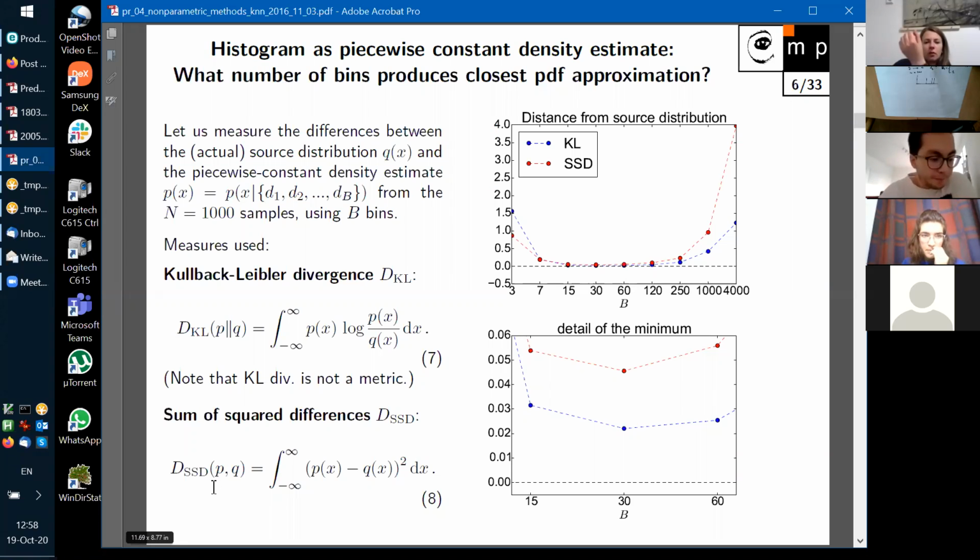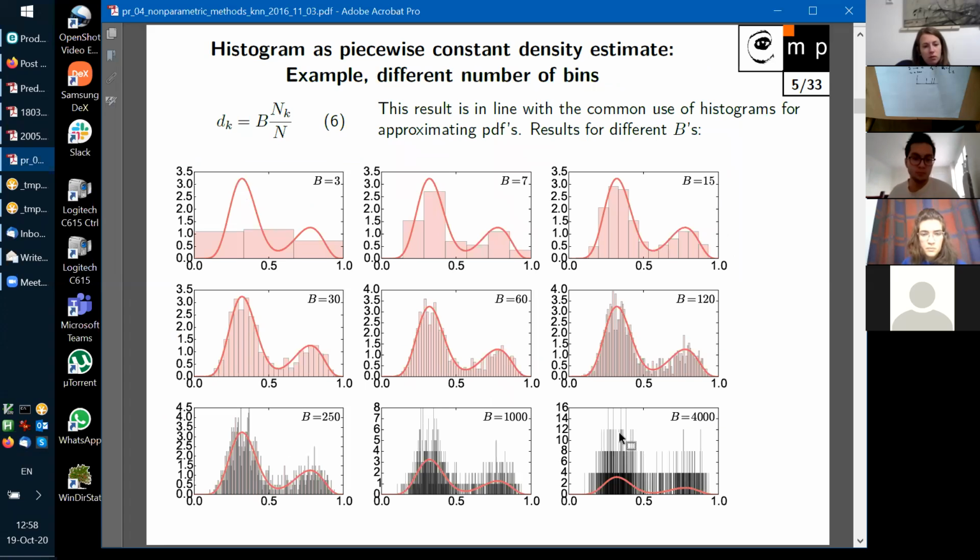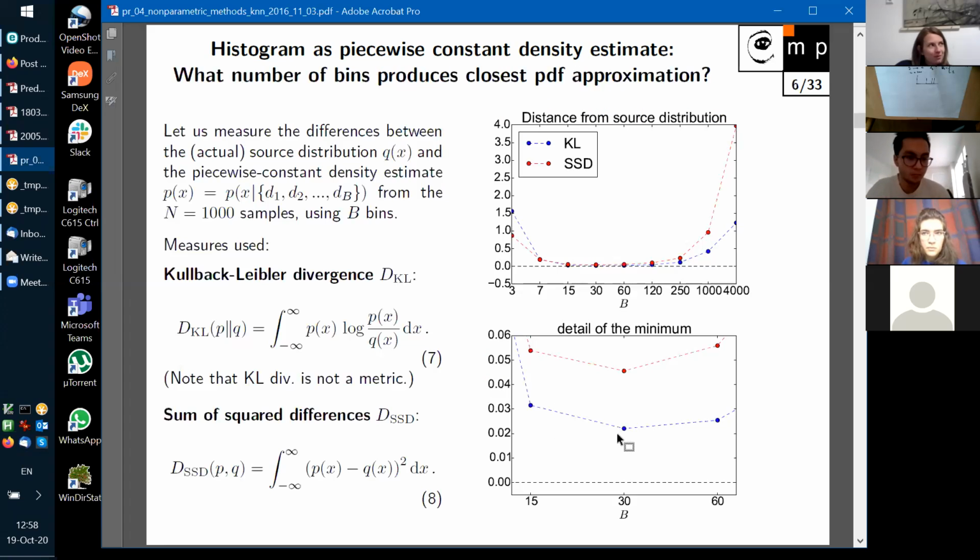What happens on this sample if we consider the distance between the true distribution, which is Q of X, and our estimate P of X, and we use the quadratic error? We'll see that the minimum is somewhere around 30, which, if we look at the estimate, sort of looks the best as well.